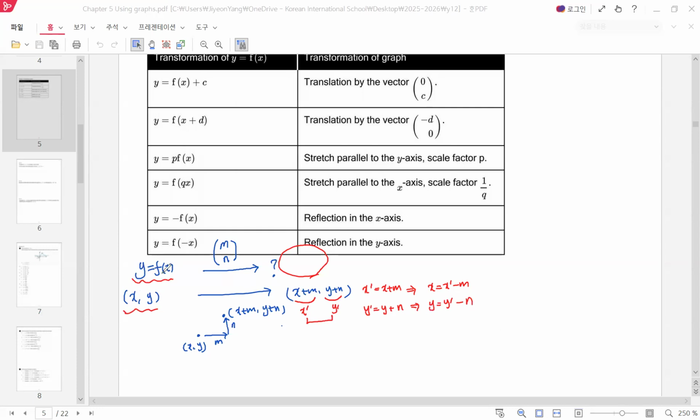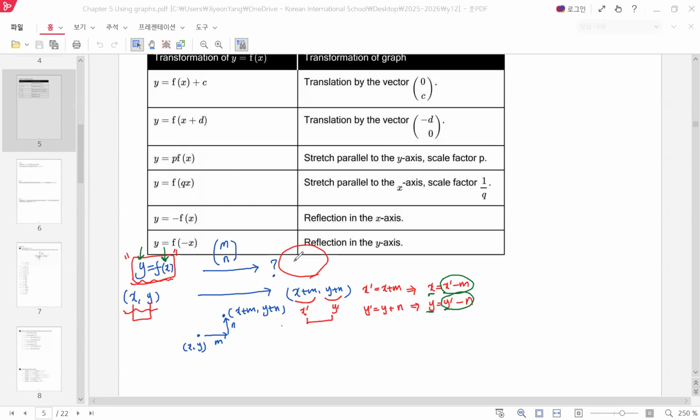Remember that the relationship y equals f(x) is the relationship between this x coordinate and this y coordinate. We need to use this equation, so you need to substitute x prime minus m for x here, and y prime minus n for y here.